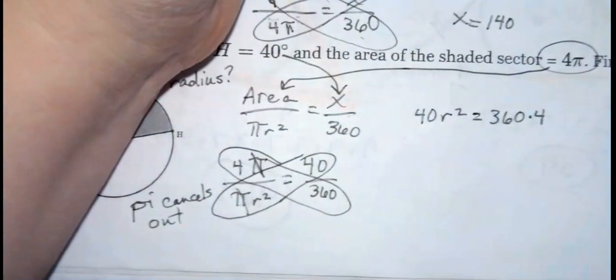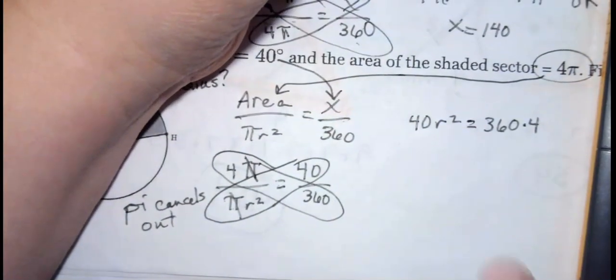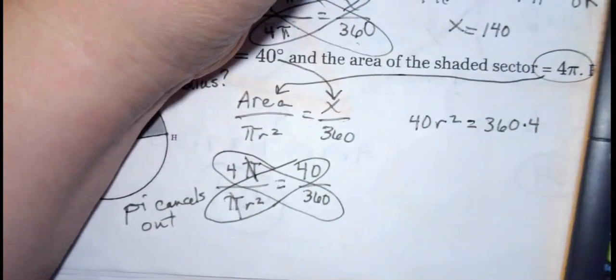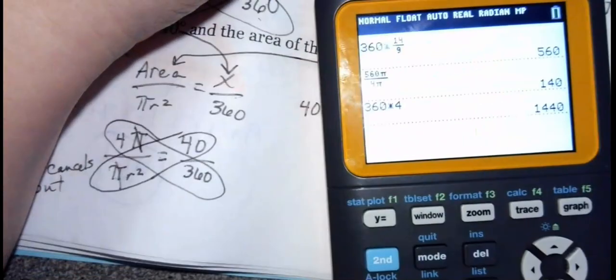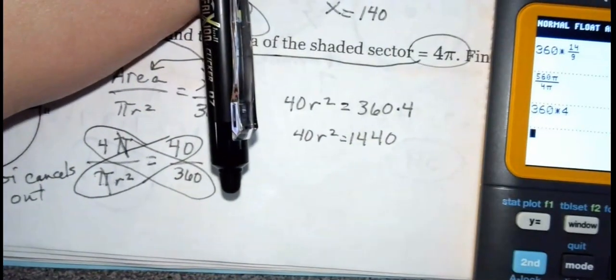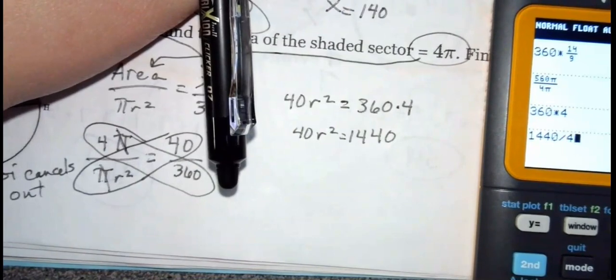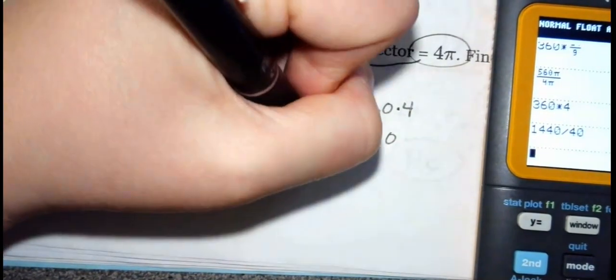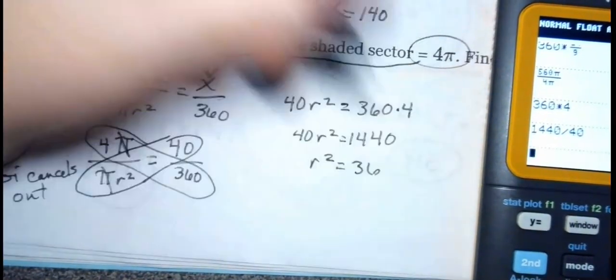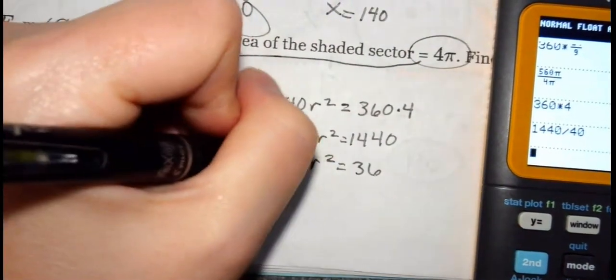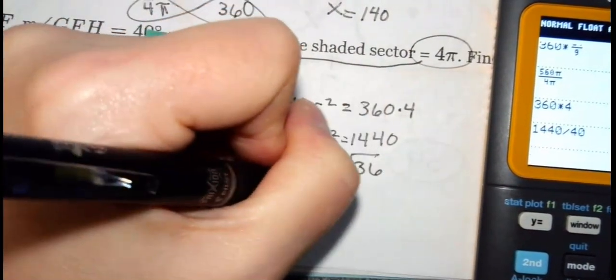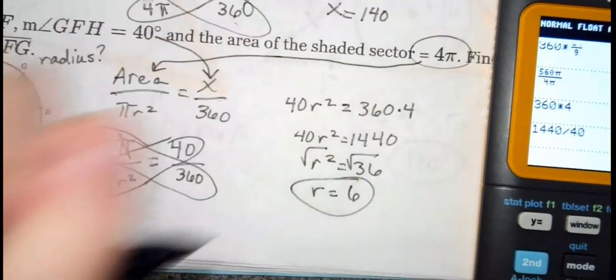And then 360 times 4, you don't even really have to write this step, I'm just showing you what's happening, is 1,440. And then you would divide by 40 on both sides. And then you take the square root, and you're going to get 6.